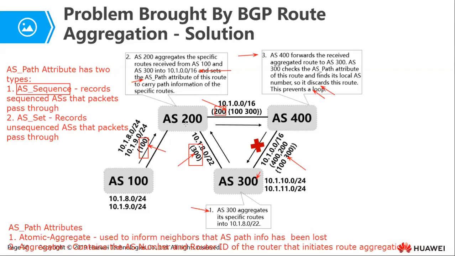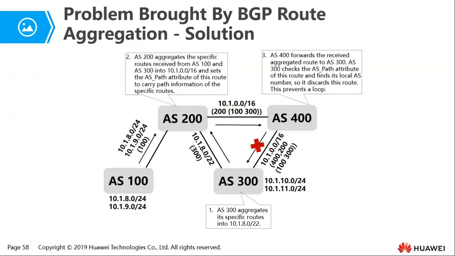But now, after aggregating the two routes from two different ASs, we store these two, not in any sequence, they're unsequenced. We store these two in the AS set attribute. Therefore, if this network is advertised back to AS 300, it's going to look at the AS set and find its number there, and it's going to discard that route, thereby preventing a loop from occurring.